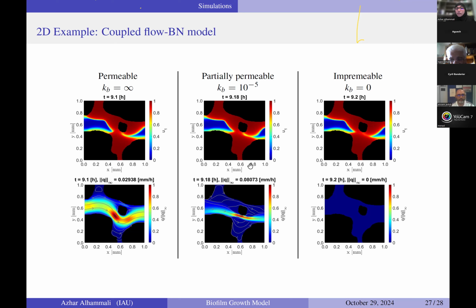I don't remember exactly the size of the meshes and the time step size, but I remember that it's very robust and very fast.